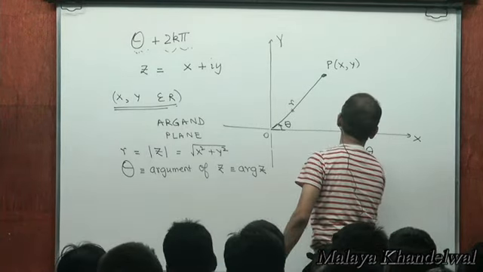Z minus Z bar divided by 2I is going to give me y, which is the imaginary part of Z. So Z plus Z bar by 2 will give me the real part of Z, and Z minus Z bar by 2I will give me the imaginary part of Z. Right?